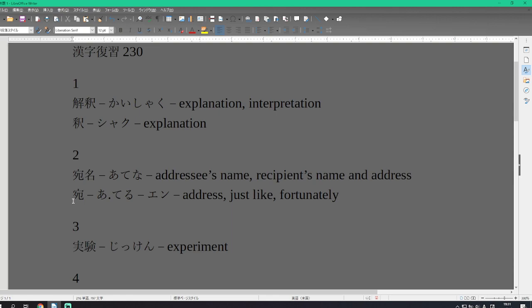Ateru, ate or en is an address, just like or fortunately, with the roof over the rabbit. Where does the rabbit live? Where does the rabbit hold his roof? Ateru or en is for an address.